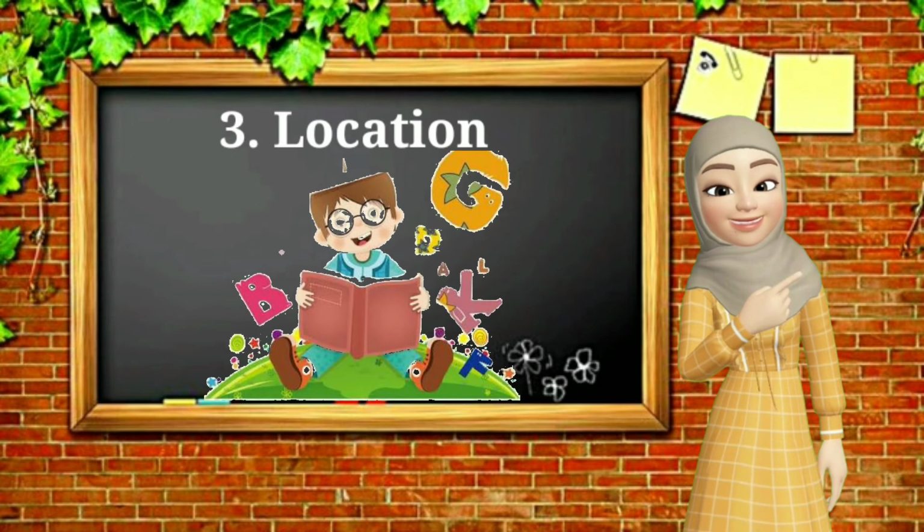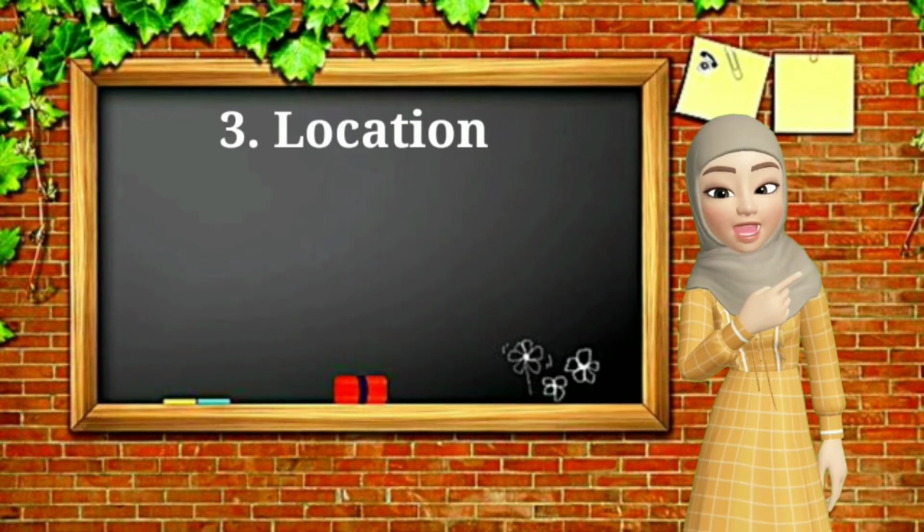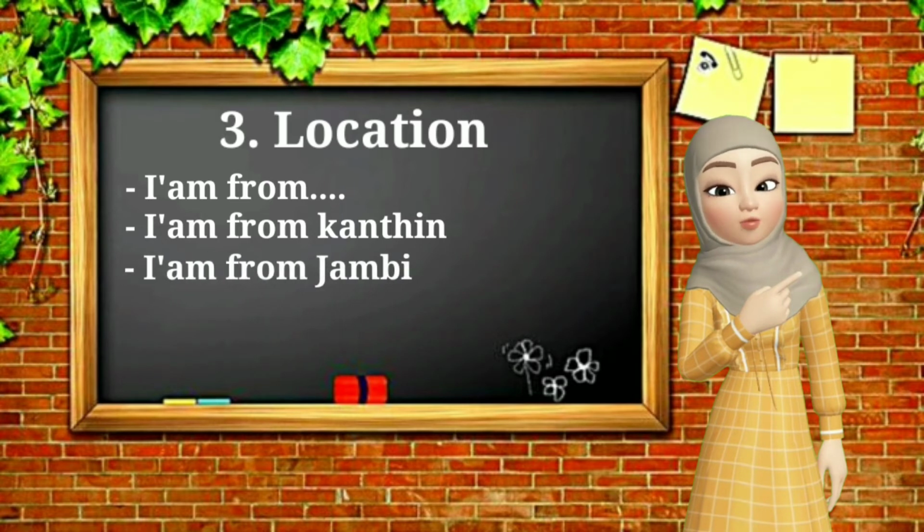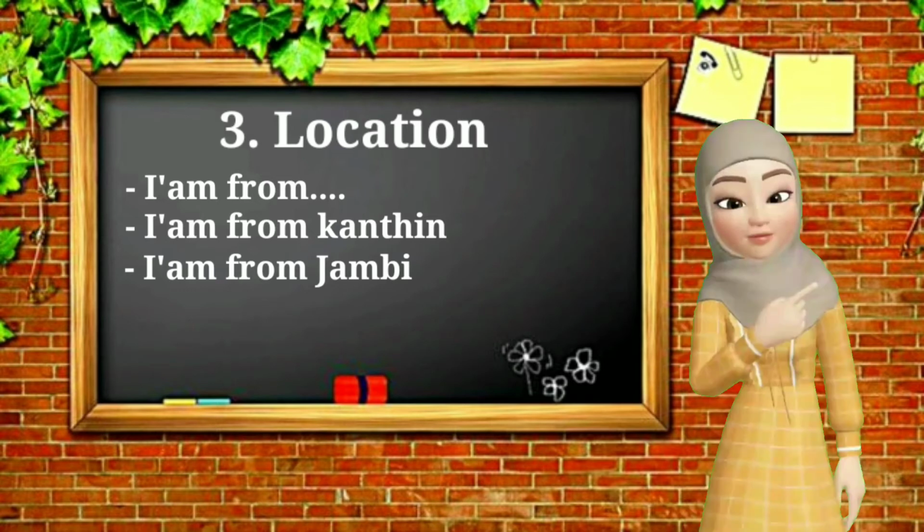Next, talking about location, where you're from and where you're living. For example, I am from Jambi. You can say, I come from Jambi, or I come from Sarolangun, and so on.